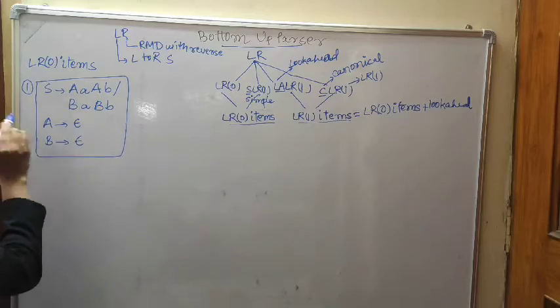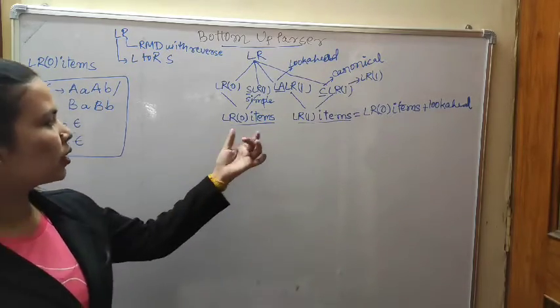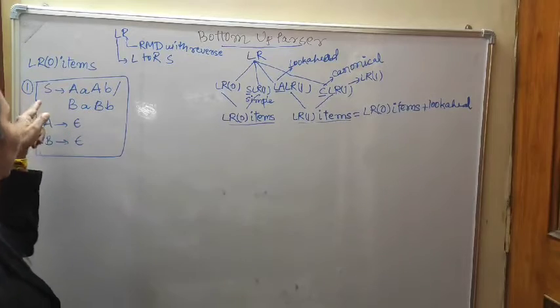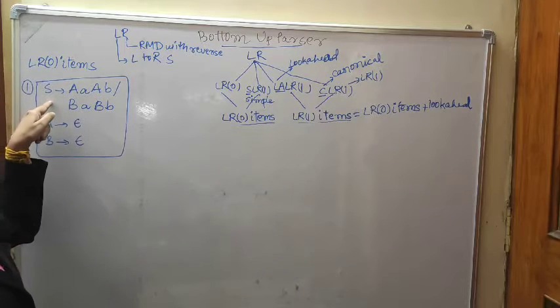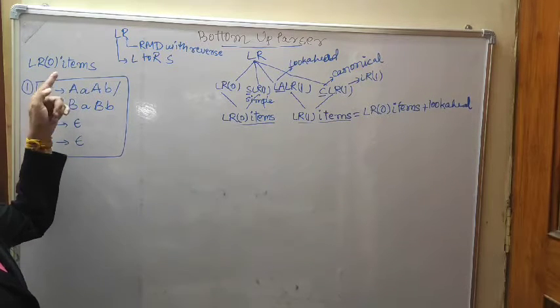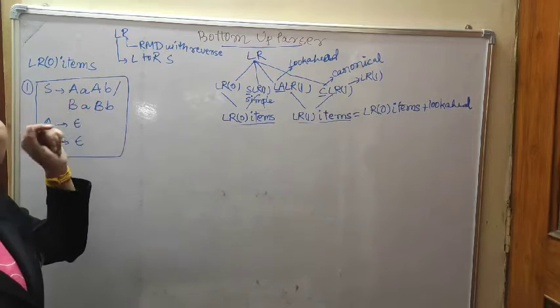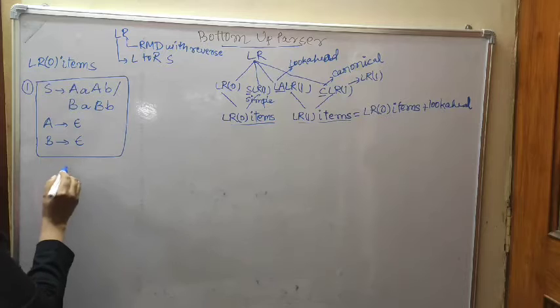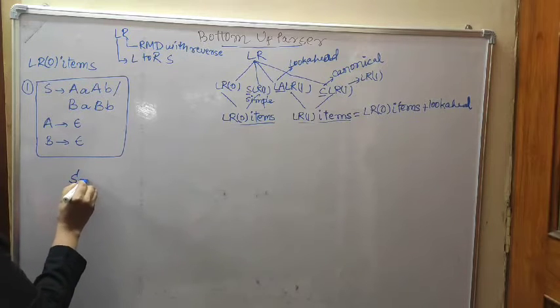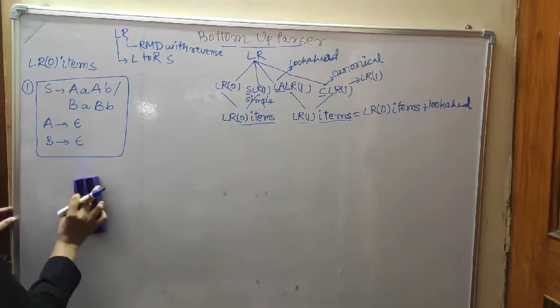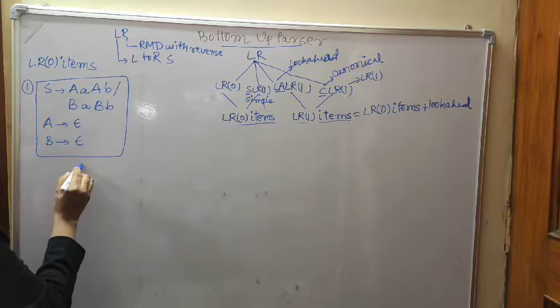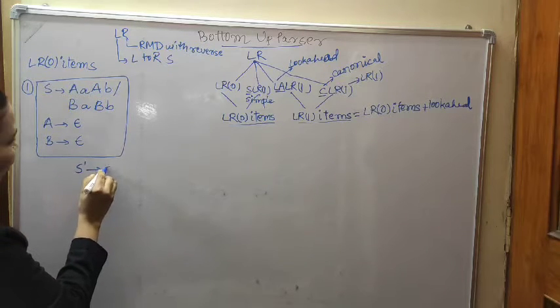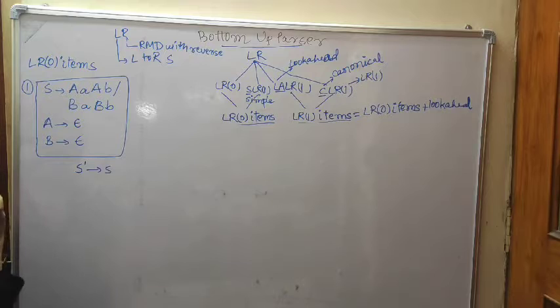But remember that whenever we construct the LR0 items, we take whatever starting symbol is given, and then we add one augmented grammar. S is given, so I am taking S' goes to S. This is the augmented grammar.